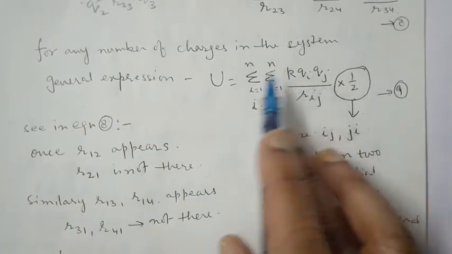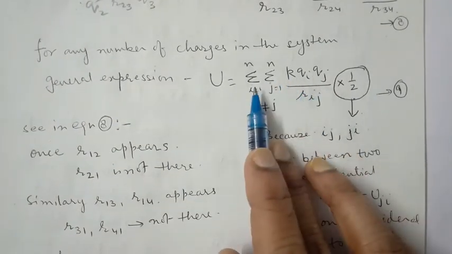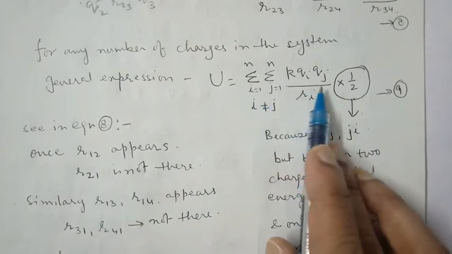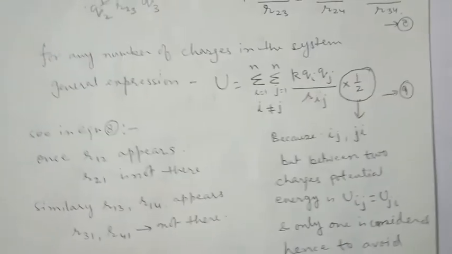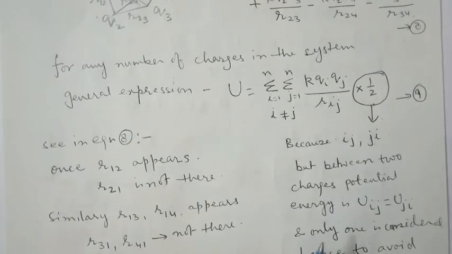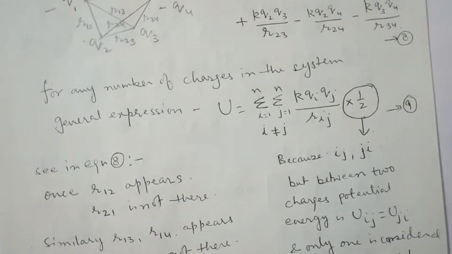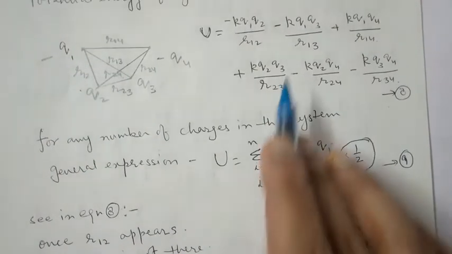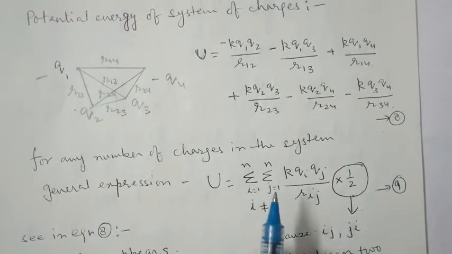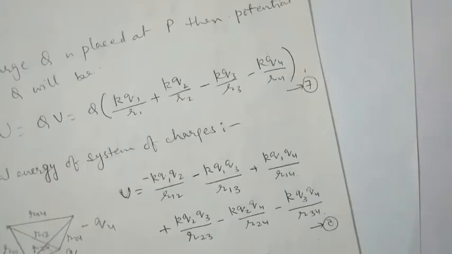But this general formula will actually summate all twice. In order to eliminate that situation, it is 1 by 2. So the potential energy of the system will be an expression like this, and we can compare it with here considering only 4. That you can do yourself.